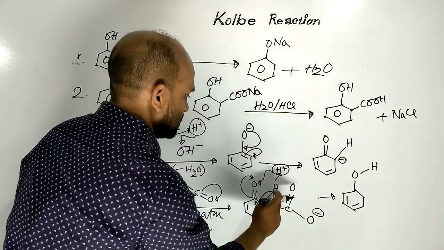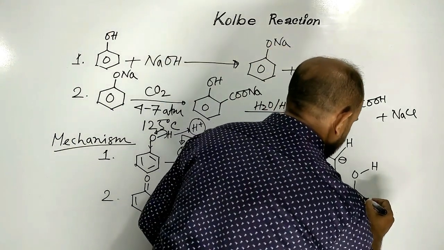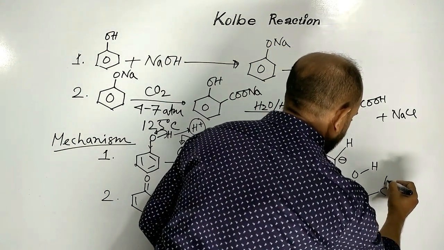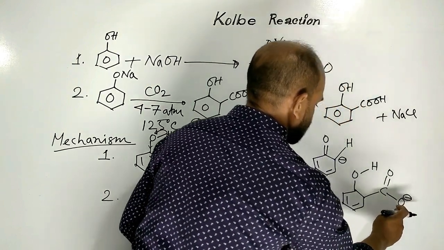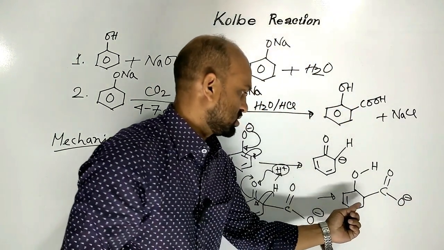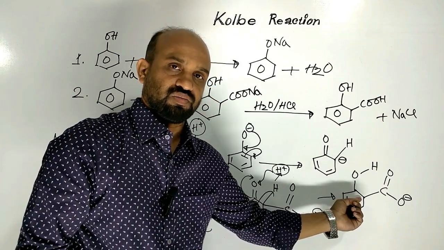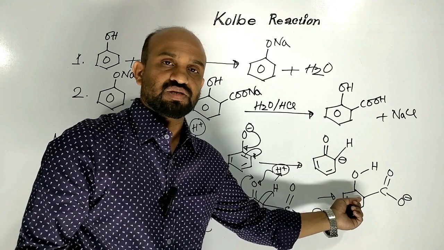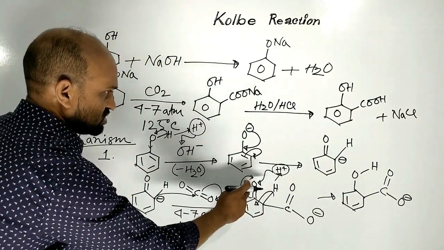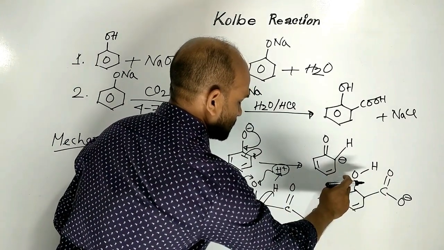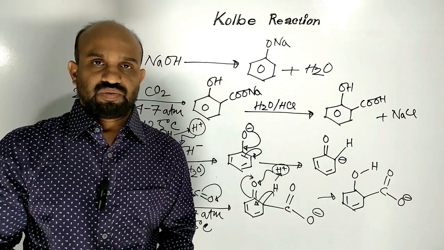Hydrogen, this hydrogen with this oxygen. Here, carbon oxygen double bond, oxygen minus charge. Now, in this carbon, no hydrogen atom. Hydrogen atom from this carbon combines with this oxygen to form hydroxyl group. Let's see next step.